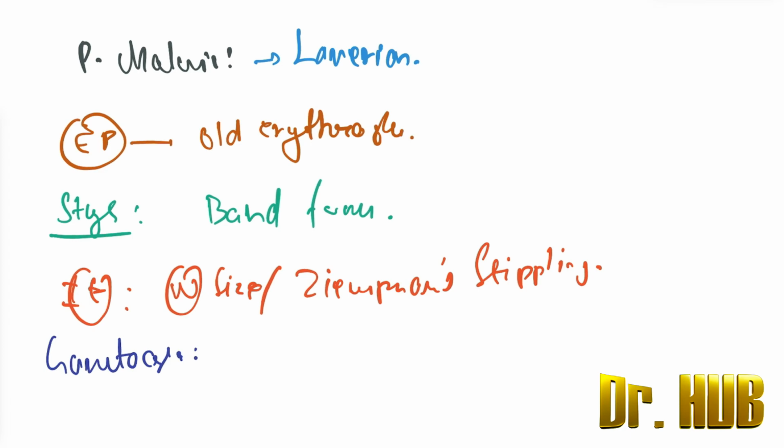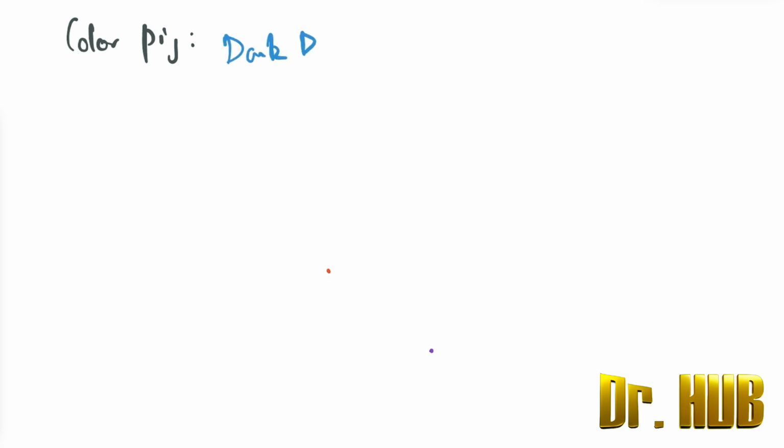The gametocyte is similar to but smaller than the vivax. So how is the color of pigment? The color of the pigment in Plasmodium malariae is dark brown.